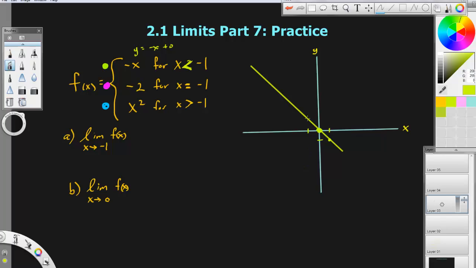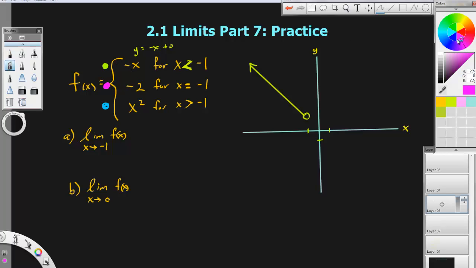So for values less than that, and not less than or equal to either. So for values less than that, I'm going to just kind of eyeball it here, about right like that. And this would be an open circle with an arrowhead. So that's what that means. For values less than on the x-axis, it behaves like this line.